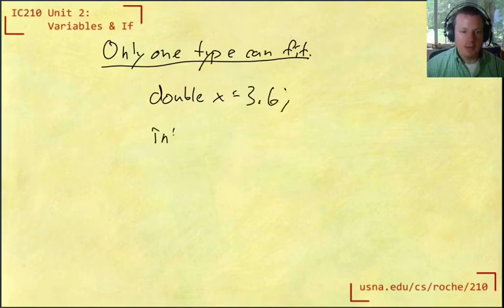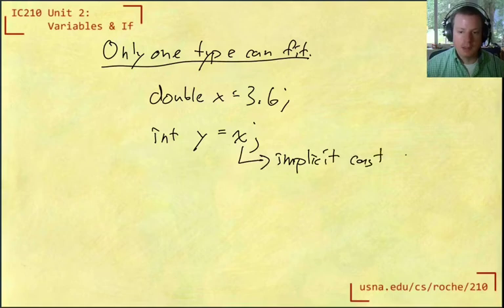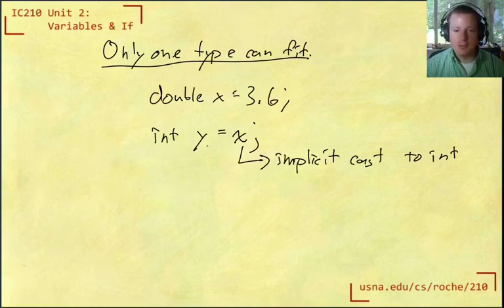Then if I say int y equals x, what this is doing is this is going to cast x from its original type, in this case a double, into the type of int. So this is what's called an implicit cast to int. But we didn't have to tell the compiler, please cast this, like using the previous operator. The compiler knows that, well, this has to be an int since we're assigning to an int, and it'll do that cast on its own.